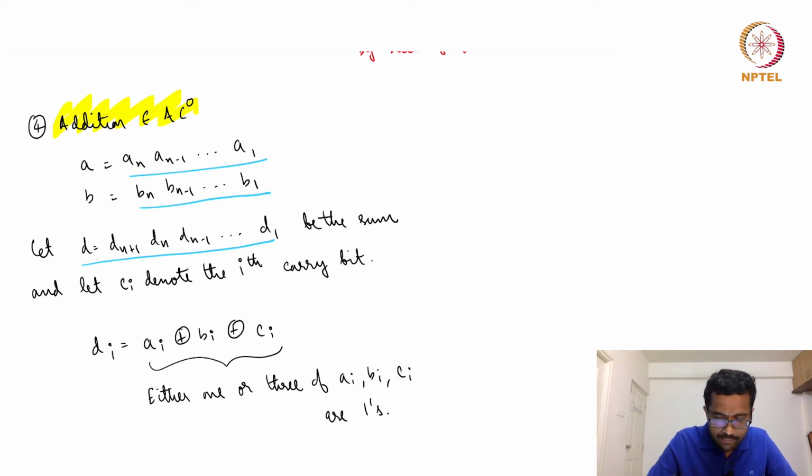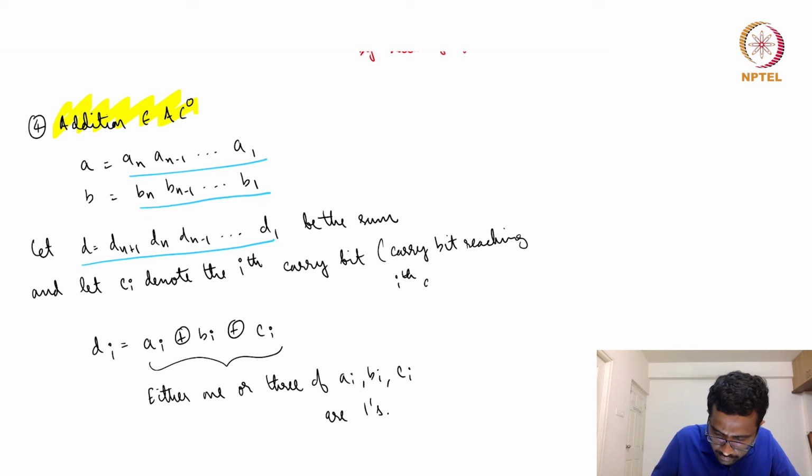So let c_i be the carry bit that enters into the ith column, meaning the carry bit reaching the ith place, not generated from the ith column but reaching the ith column.